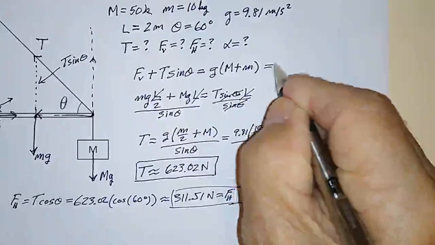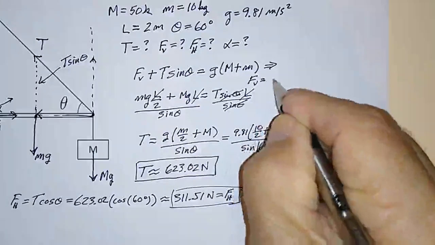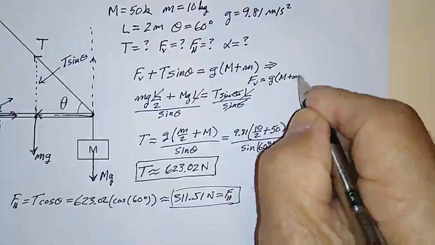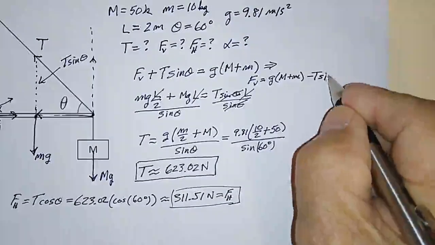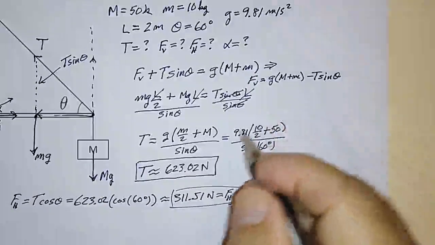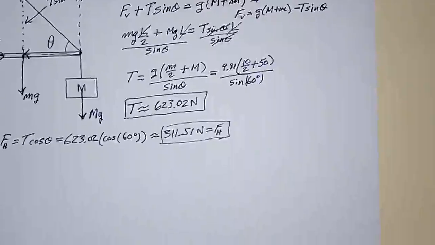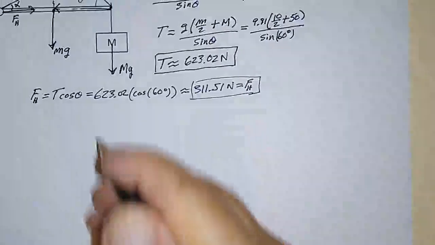And this one means then that FV is equal to g times big M plus little m minus T sine theta. And I'm going to plug the numbers into that equation. I'm going to have to move it out of the way here so you can see it.